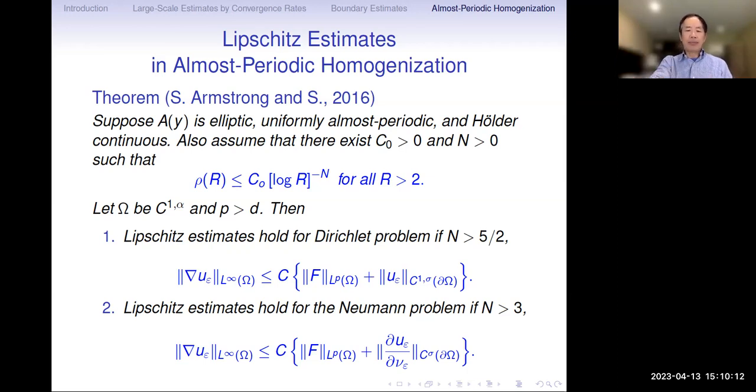Then we can prove that when n is greater than 5/2, we have a Lipschitz estimate for the Dirichlet problem. And if n is greater than 3, then there's an estimate for the Neumann problem. I'm pretty sure this condition on capital N is not optimal, but it looks like some kind of condition on rho of R is required to have a Lipschitz estimate, although I don't have any counterexamples. Okay, I think that's all I want to say.